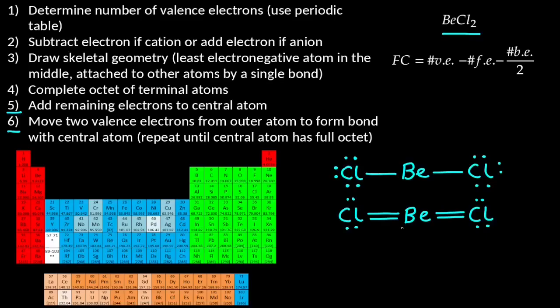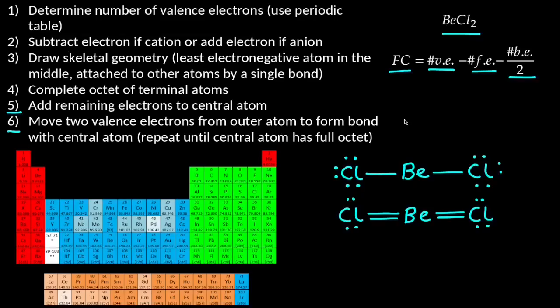Now, to determine which Lewis dot structure is the most likely correct, we introduce the concept of formal charge, which is equal to the number of valence electrons minus the number of free electrons and minus the number of bonded electrons over 2.